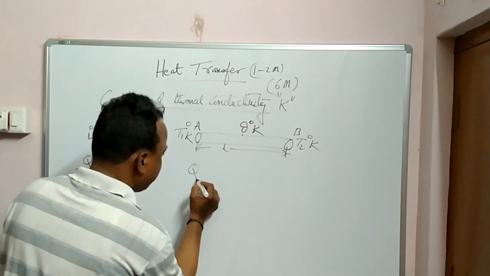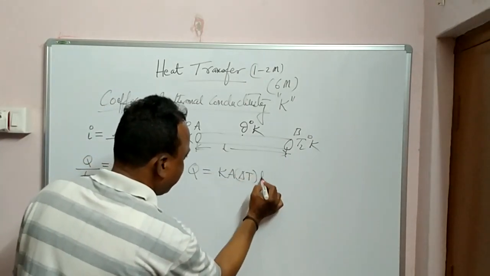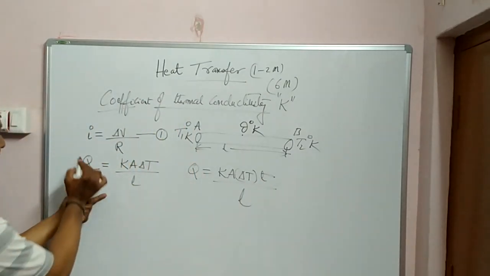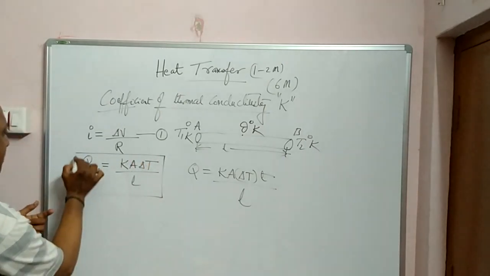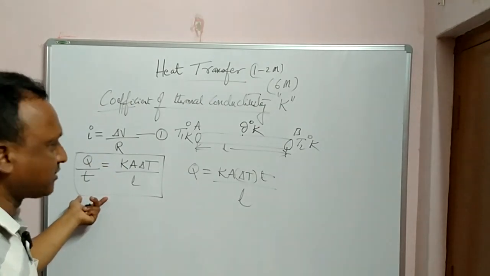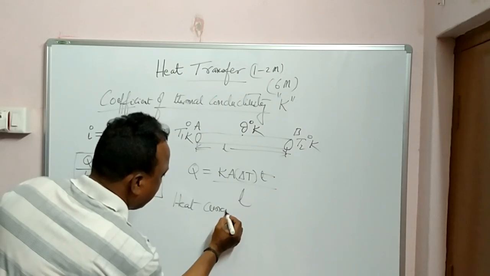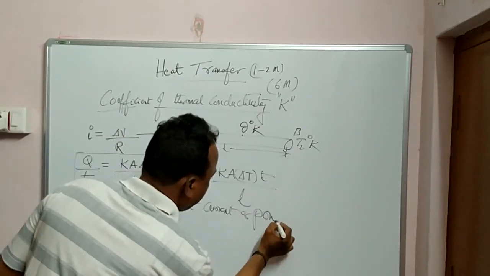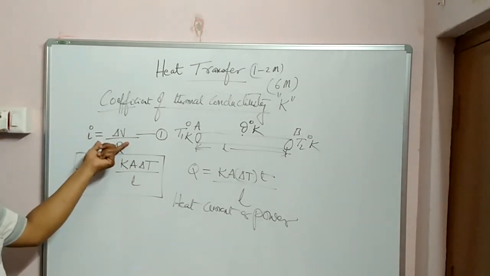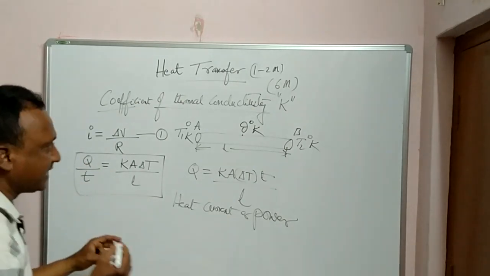Because the original equation is Q is equal to K A delta T into t by L. If you divide by the time t, then this is called heat current or power. Rate of flow of heat is also called heat current or power. So when you match this with the above current electricity formula, you can change it in this way.